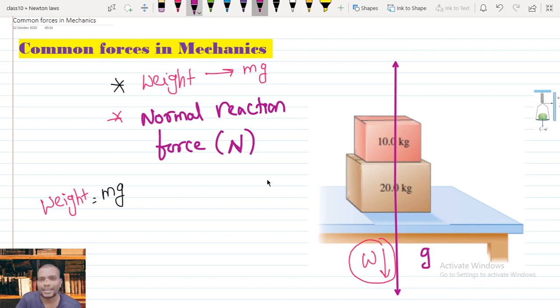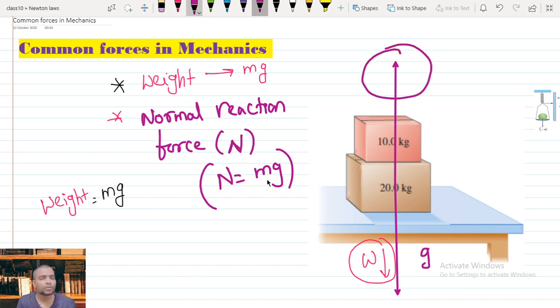So now we can write that if W, the weight, is acting in the downward direction, the normal force acts in the upward direction, and the magnitude of the normal force equals mg. But when it comes to direction, we need to represent the direction opposite to the weight direction. So whichever the case is, you need to write about the normal force if the object is at rest.